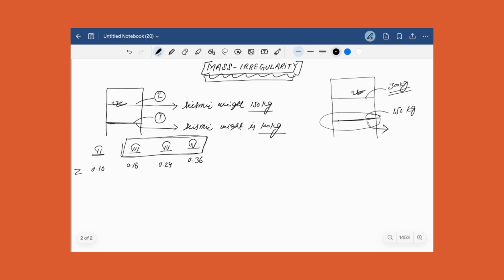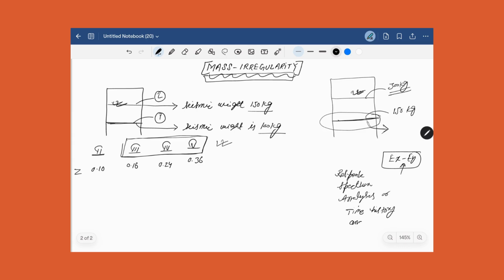Normally for a structure we generally go for EX and EY. This is your static earthquake analysis, but for this type of structure you have to perform response spectrum analysis or time history analysis. Either one you have to perform, because all these analyses come under dynamic analysis.